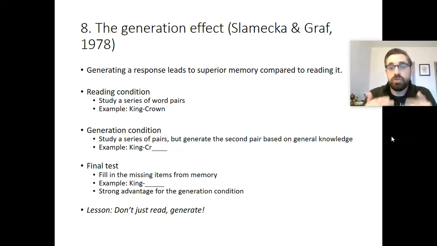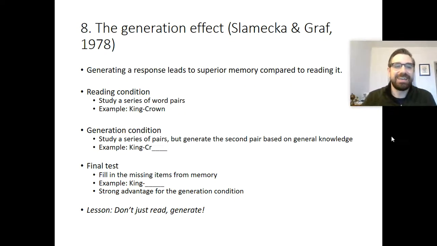Well, it turns out that generating the information yourself, as long as you're able to do so, leads to better memory of that information because you actively attended to it and put in effort to create it rather than passively receiving it.